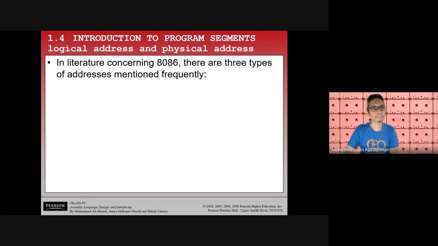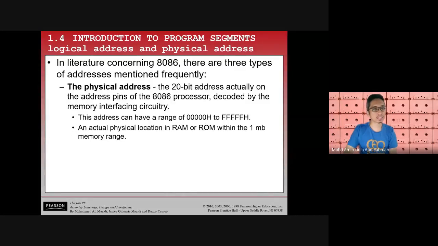Okay, there are 3 types of address mentioned frequently in the 8086. First, the physical address: the 20-bit address actually on the address pins of the 8086 processor, decoded by the memory interfacing circuitry.